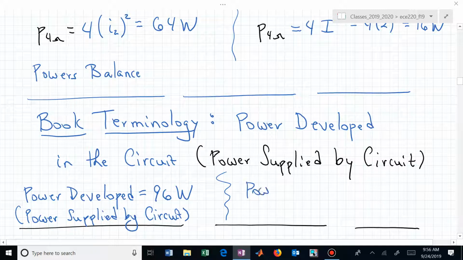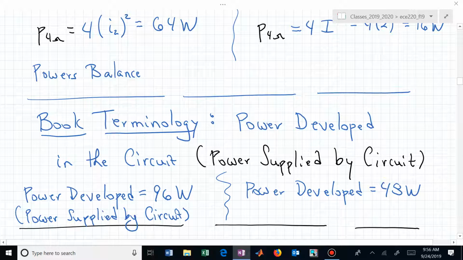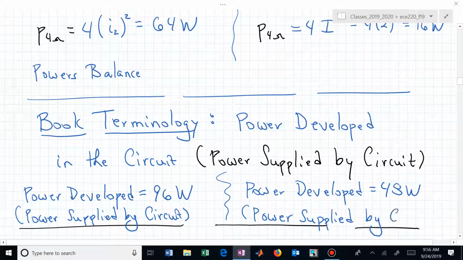Here, the power developed is 48 watts, and that's the power supplied by the circuit. This was that cautionary warning that I had made yesterday. If we start trying to compute powers inside the sources that we've transformed, we're not going to get consistency.